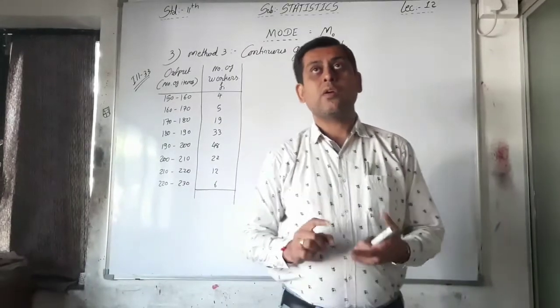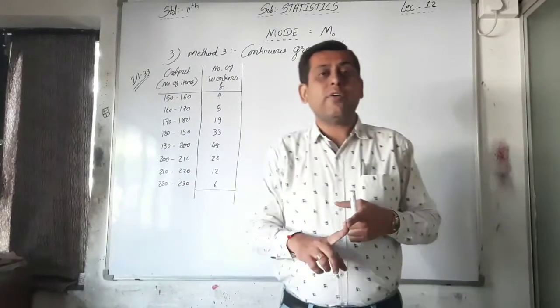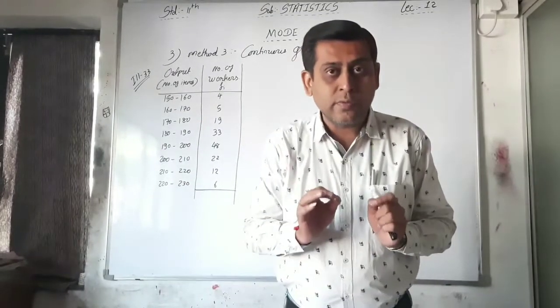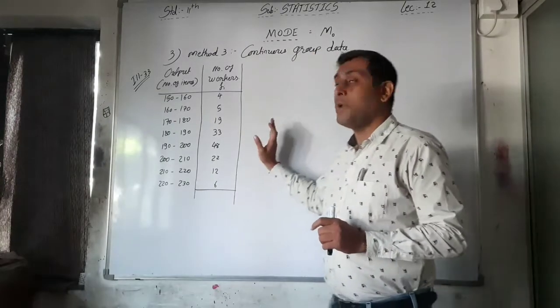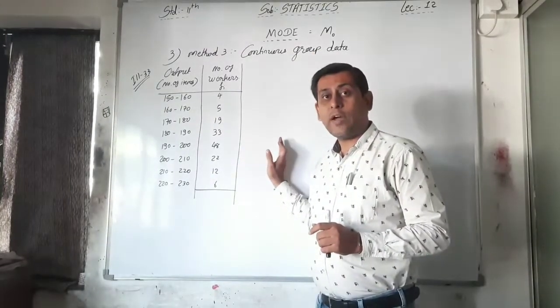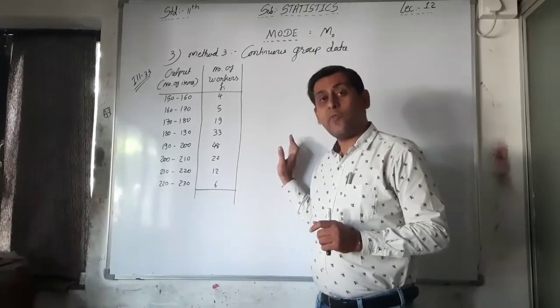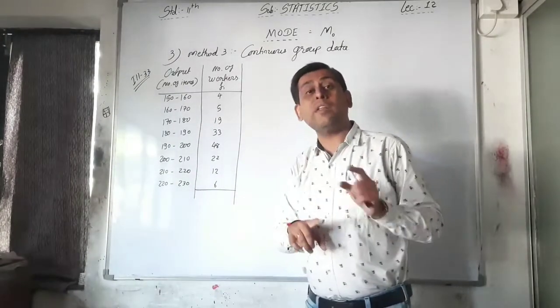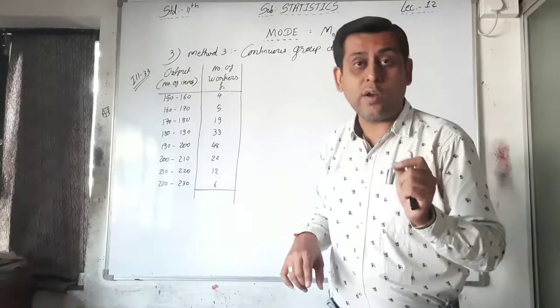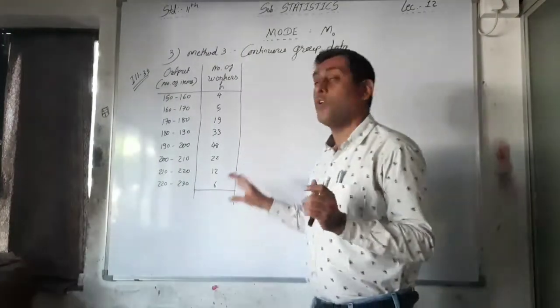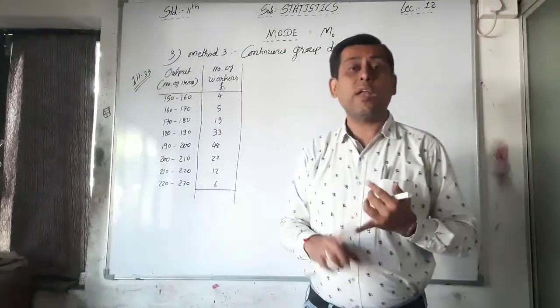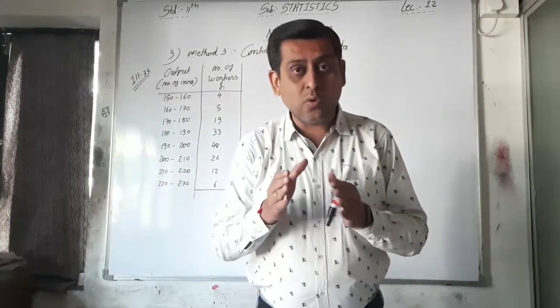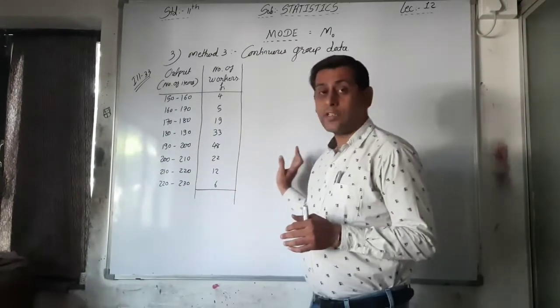In continuous group data, if we want to find the mean, then we first have to find the mid value, then di, then fidi, right? And in median, we have to write one extra column, that is cumulative frequency. That means whenever you find the mean, you make 2 or 3 extra columns.